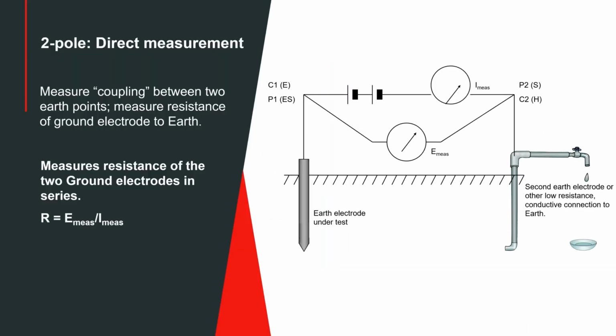Then we'll take a look at the 2-pole measurement. This is basically where you have shunted the terminals, either 3 or 4, on your ground tester into a 2-terminal configuration, and you're just running a wire out to a convenient low-resistance return, which typically is the water pipe system.